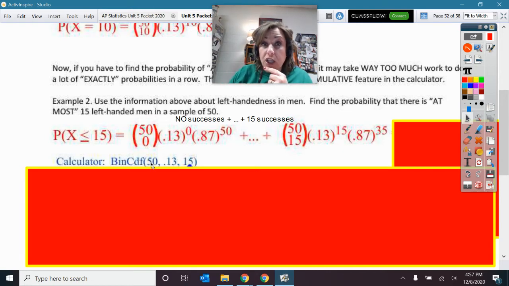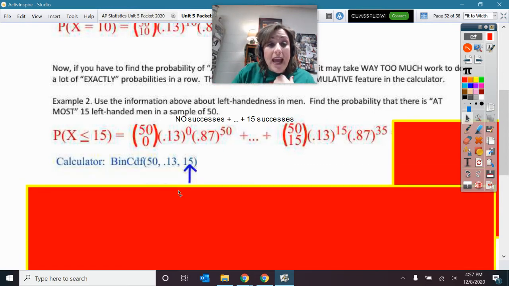It computes the lower area. So you start with your trials: out of 50 trials, probability of success 0.13. The section I want is from 0 up to and including 15.